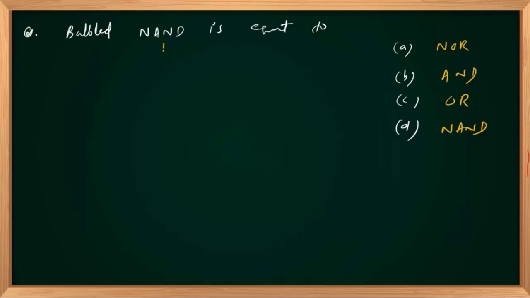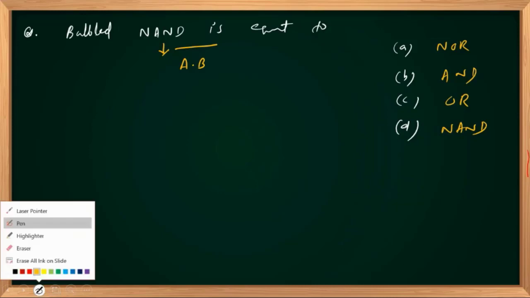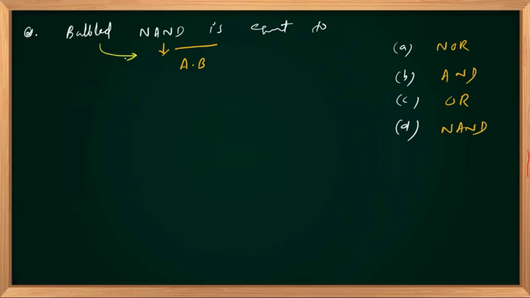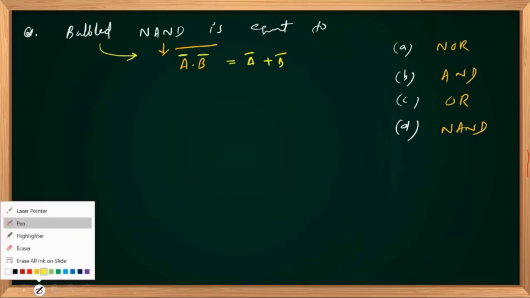Very simple. NAND is nothing but A dot B all complement. Bubbled NAND implies A will be replaced with A bar, B will be replaced with B bar. And as per De Morgan's law, complement of a product is equal to sum of individual complements. So A bar sum with B bar, and already we are having a complement, so one more complement.